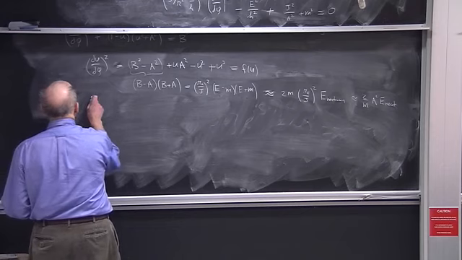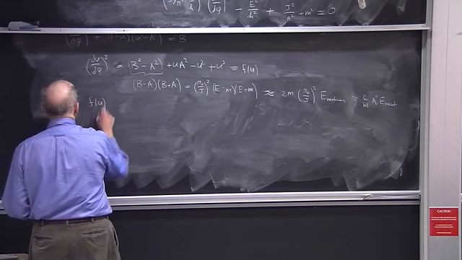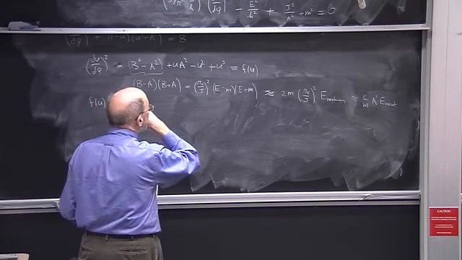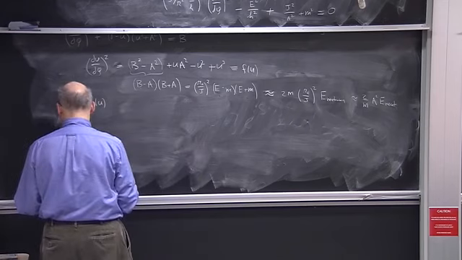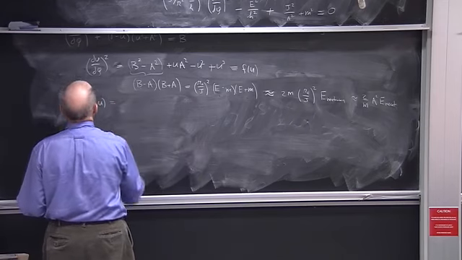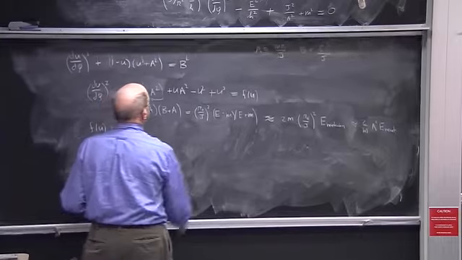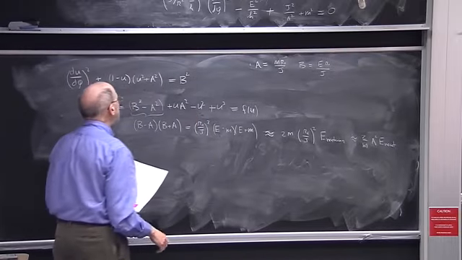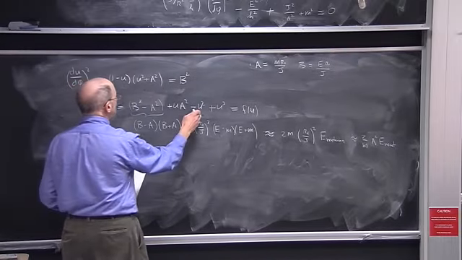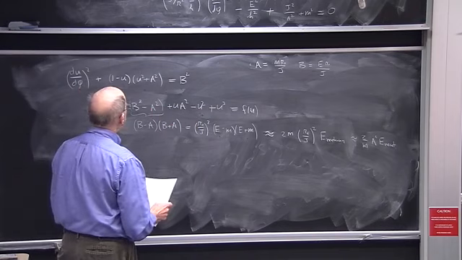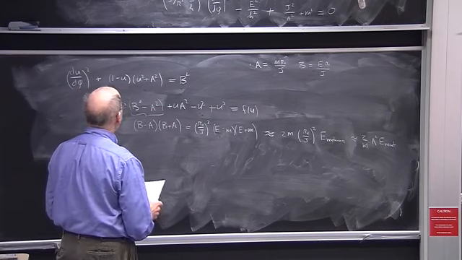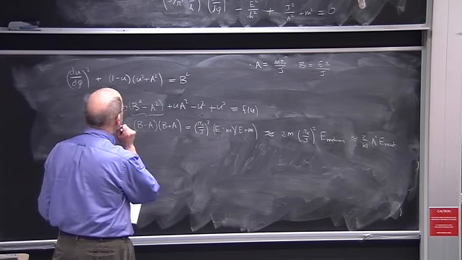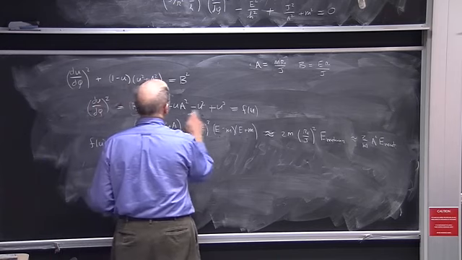So now what I claim is that f of u is equal to, let's look at this f of u. It's again a polynomial, using this clever choice of u instead of r. So it's again a cubic polynomial.